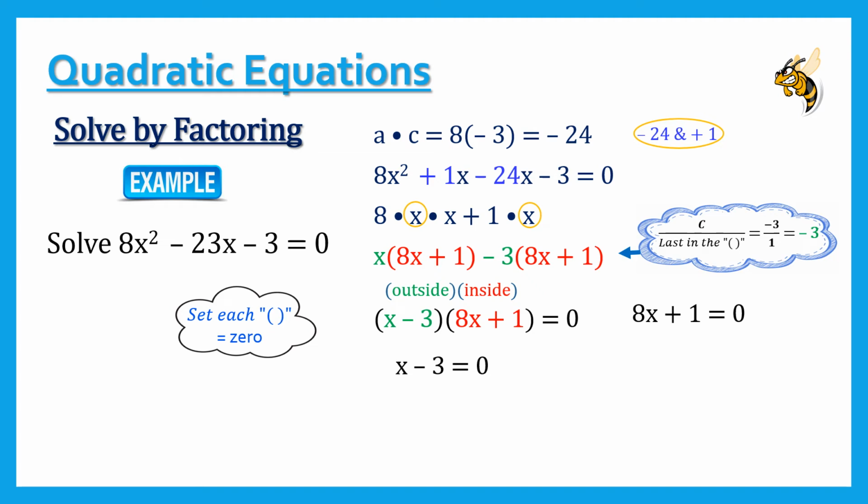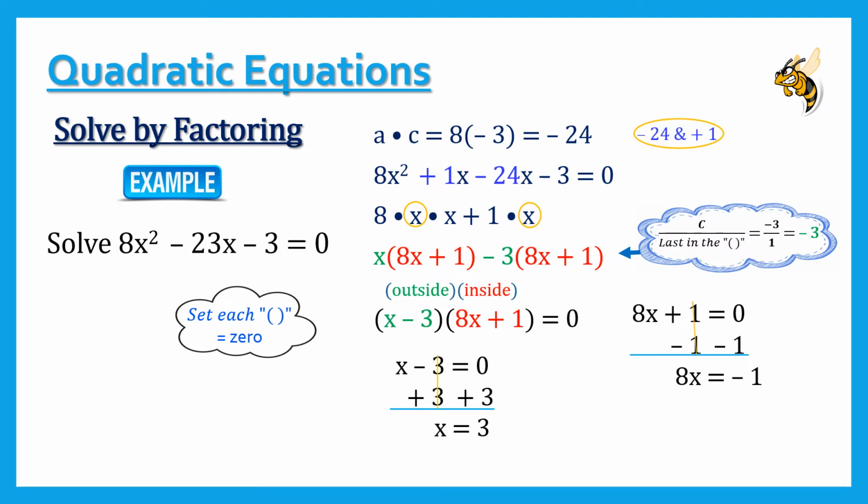To solve x minus 3 equal to 0, we need to add 3 to both sides. X is equal to 3. Next, to solve the 8x plus 1, we need to move the 1. So it's going to be minus 1 from both sides. So 8x is equal to negative 1.